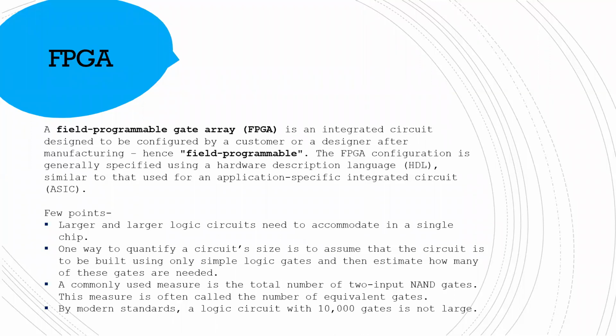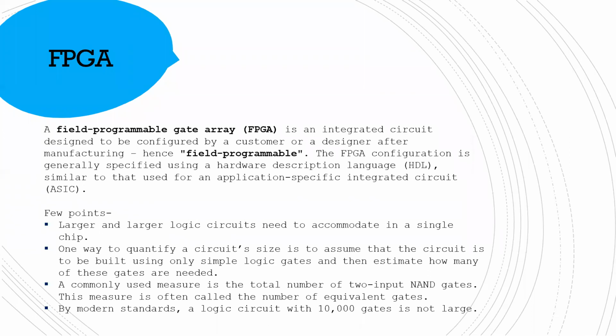Remember one thing, to program these, you need a special type of language that is called HDL, or hardware description language, similar to that used for application specific integrated circuit. The ASIC, to program the ASIC, this type of language is used already.